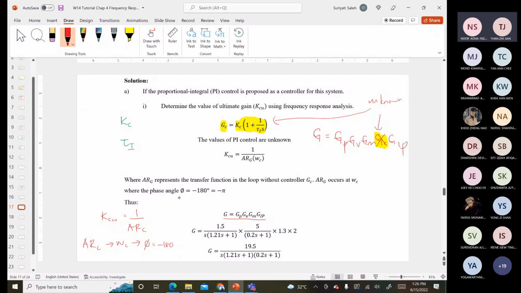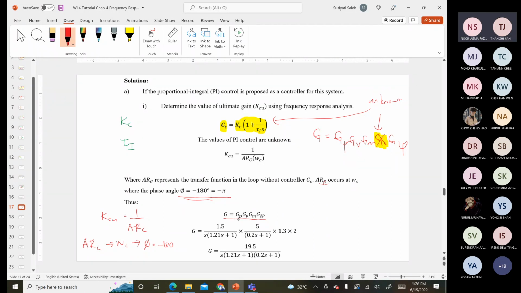So that's why here we use this one. AR, so this one ARC occur at WC where the phase angle negative 180 equal to negative pi. So now we don't have the amplitude ratio expression. So we are going to develop it. So here we don't include the GC because we want to find the GC. So we exclude it first.